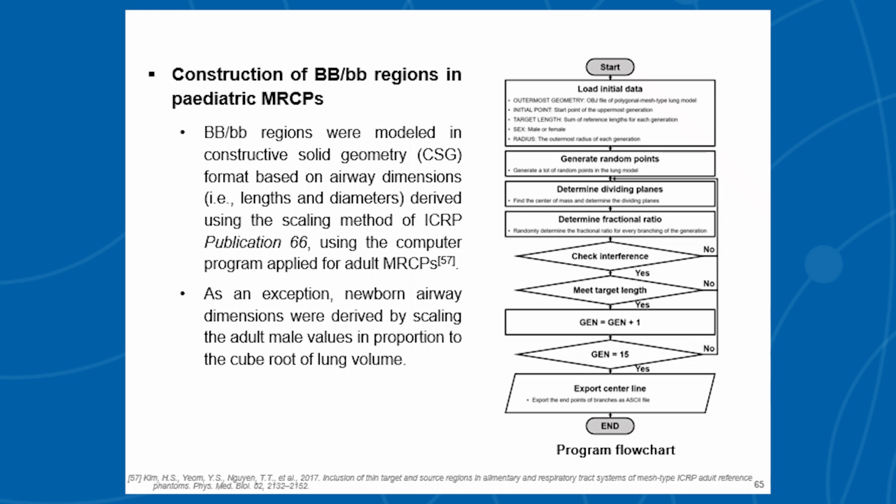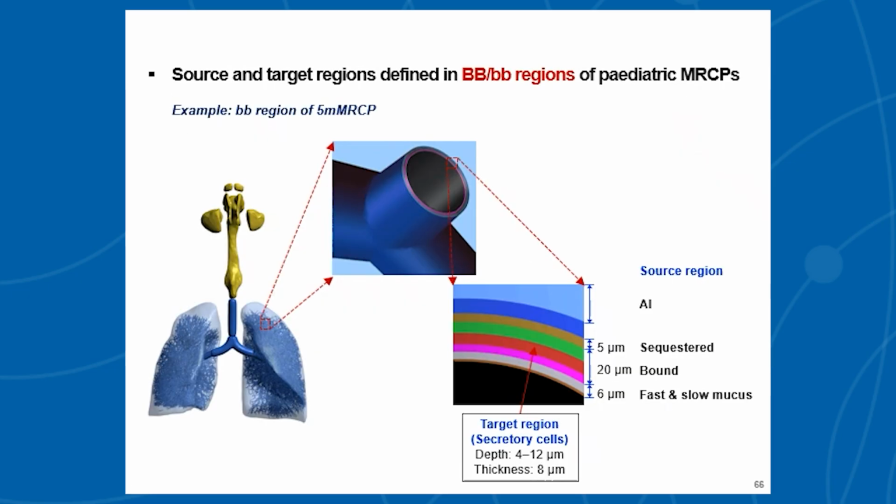For this, we calculated the generation-specific length and radius based on the method described in ICRP publication 66 and used them as an input of the program. Only for the newborn, these values were additionally revised based on anatomical grounds before the airway generation.